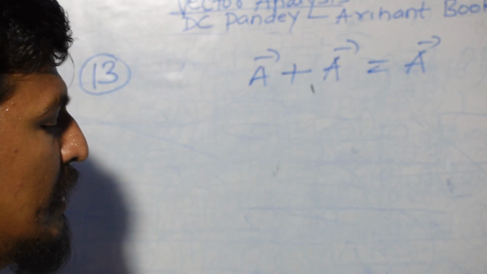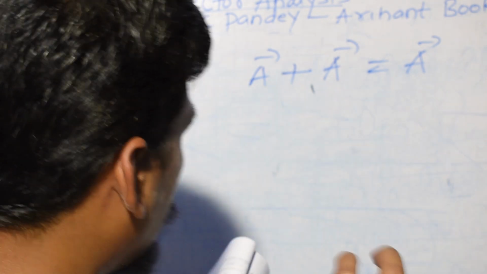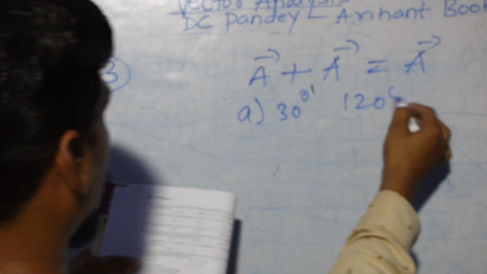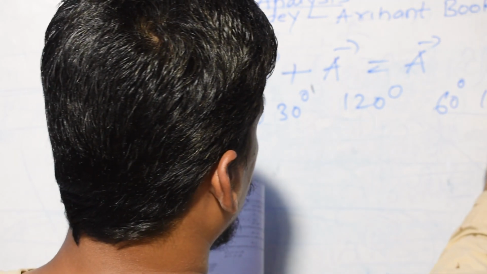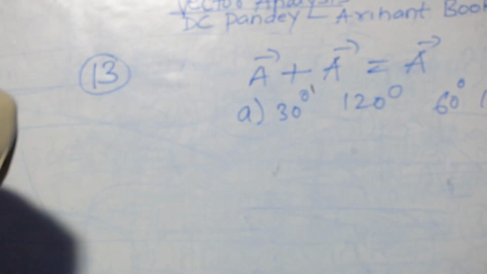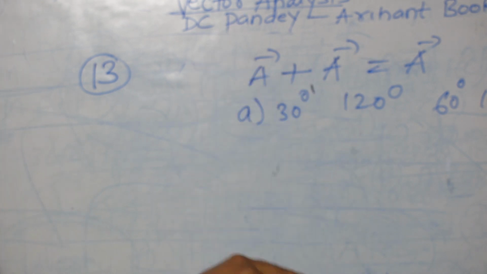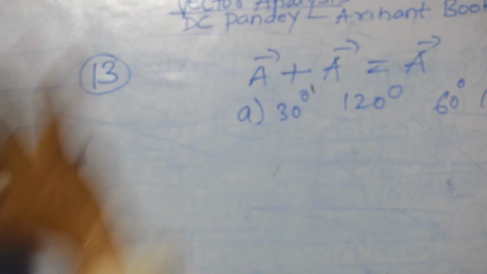Now what do we have to find? You have to find the angle between these. Options are 30 degree, 120 degree, 60 degree, and 140 degree. See what the question is given. Two equal vectors are there and the resultant is equal to the given vector.